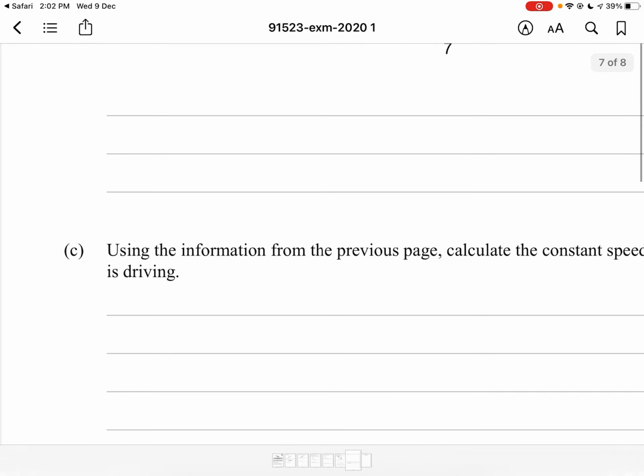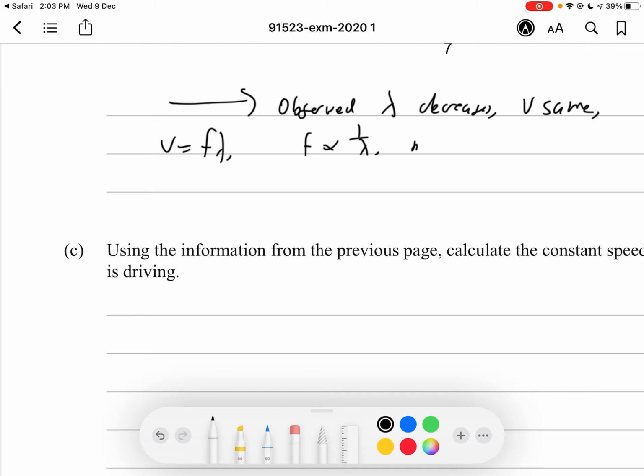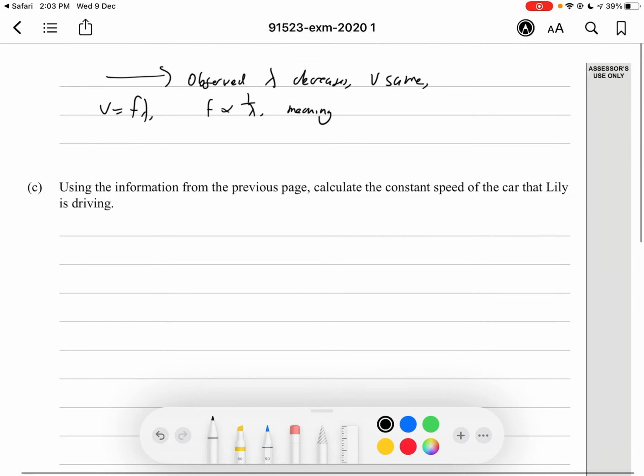So we can link this to the observed wavelength decreasing. V is the same, meaning v equals f lambda, f is inversely proportional to lambda, meaning that the observed frequency increases.